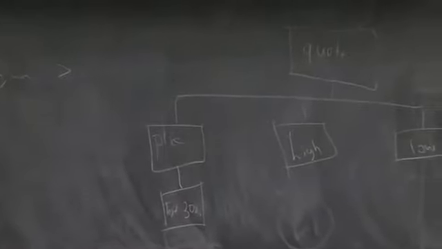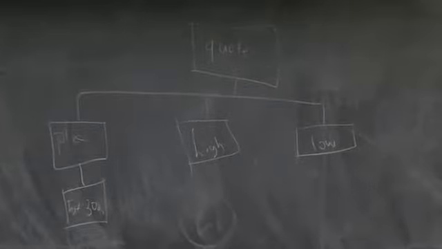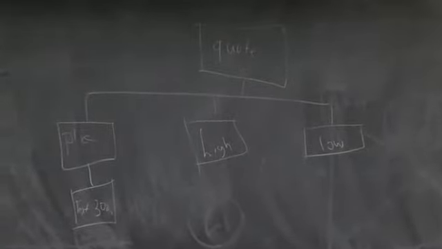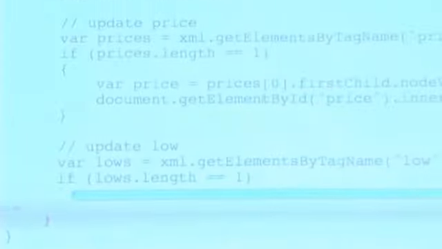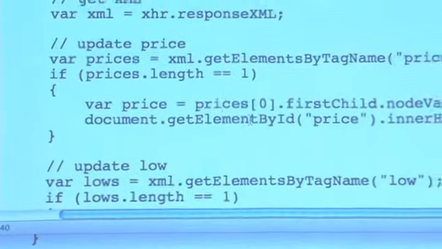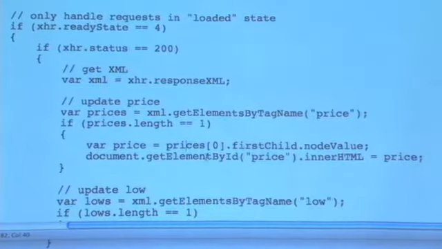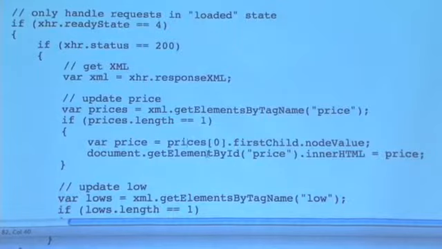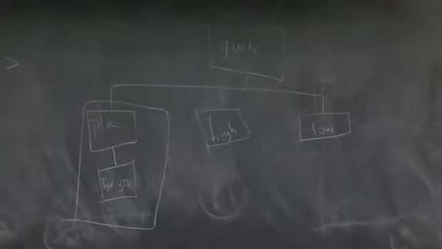So when we look at this var prices, we're setting this variable called prices equal to an array that has all of the elements that match this price tag. Or rather, it would be an array of multiple price elements if more than one existed.